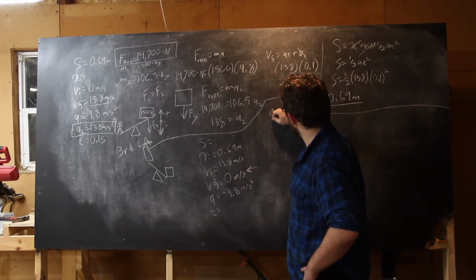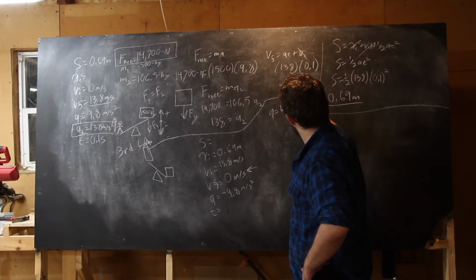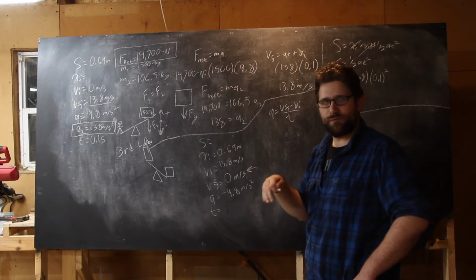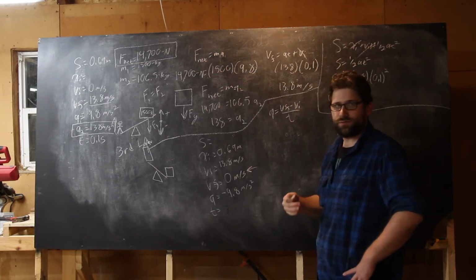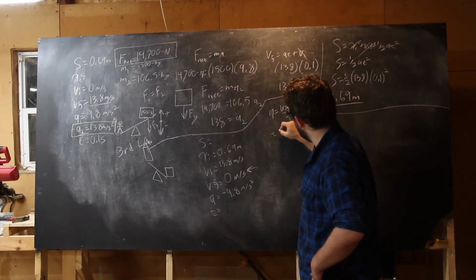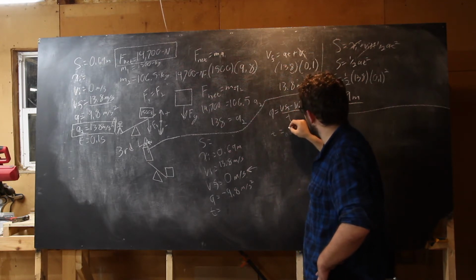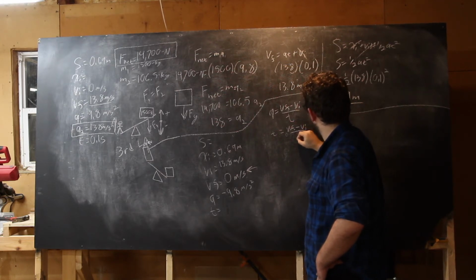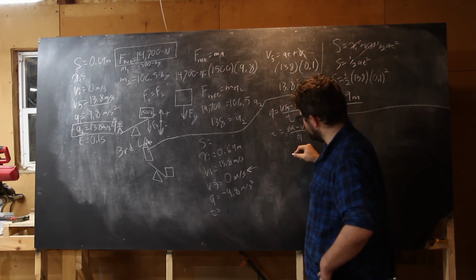So first we'll use the acceleration equation. Acceleration is equal to Vf minus Vi over t, the change in velocity over the time. So let's resolve that for time. So A and T are just going to switch places. Time is going to be Vf minus Vi over A, so we can plug those values in pretty easily.